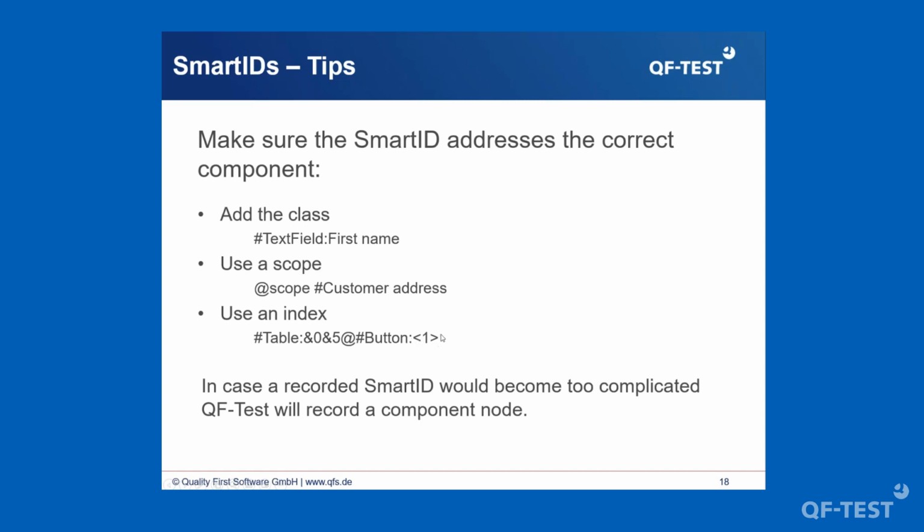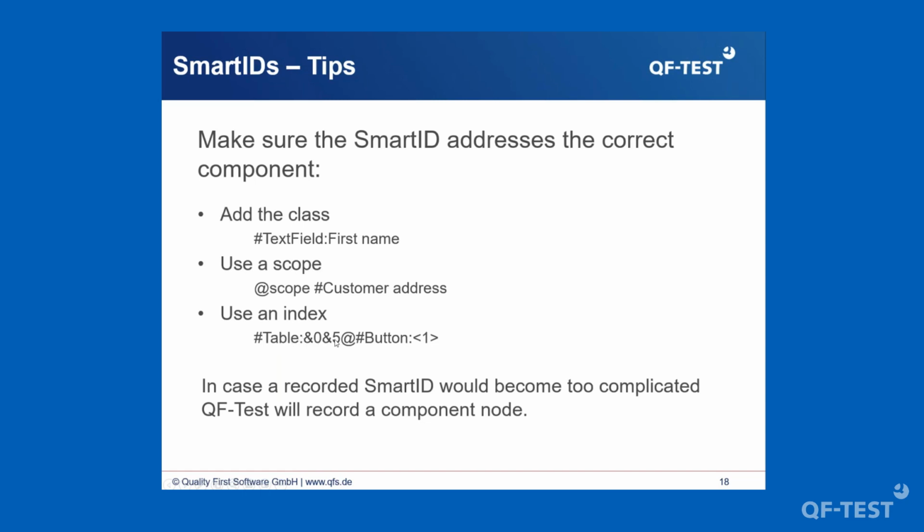Or using an index, you should try to avoid it, because the index is that of the application, like developers set it up, and it's not necessarily the order that you see on the screen. But sometimes it's quite useful, like when you have a table cell here, the table colon, so that's the class.